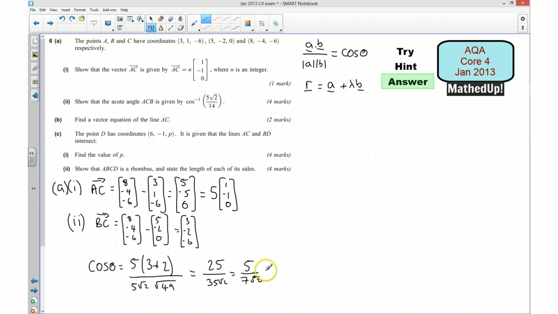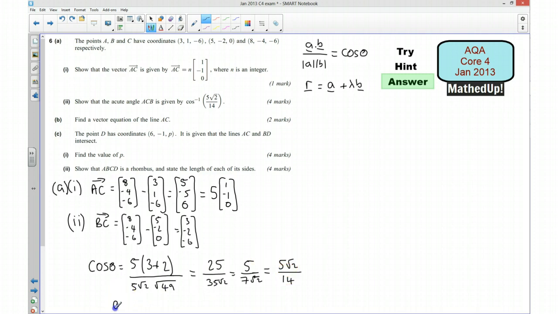So I'm just going to multiply the top and the bottom by √2 to rationalize the denominator. So that's going to be 5√2 on the top, and √2 times by √2 gives me 2, times that by 7 gives me 14. So I'm going to have 5√2 over 14. Yeah, just to clarify, I've multiplied the top and the bottom by √2 to rationalize the denominator, and I've got that there.